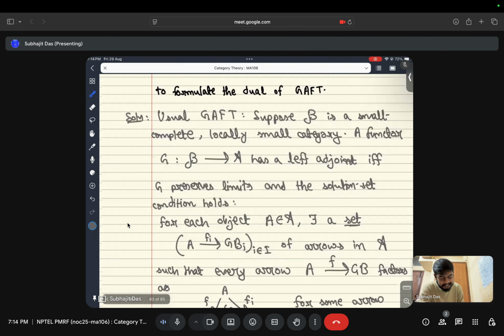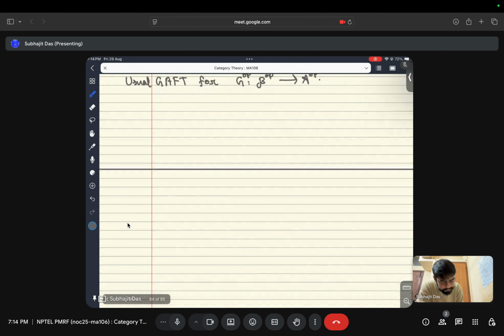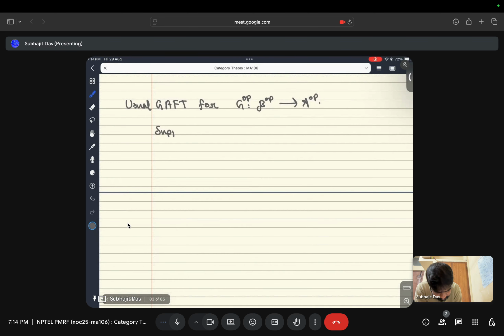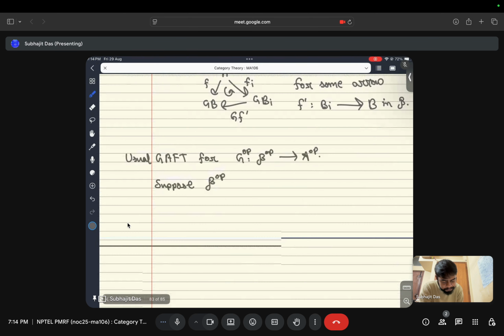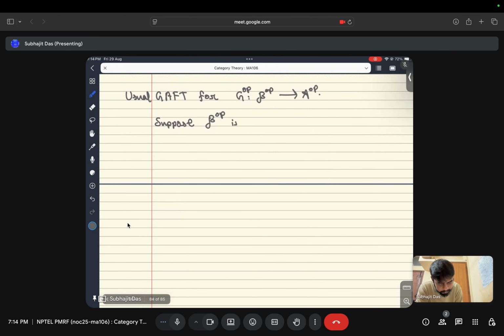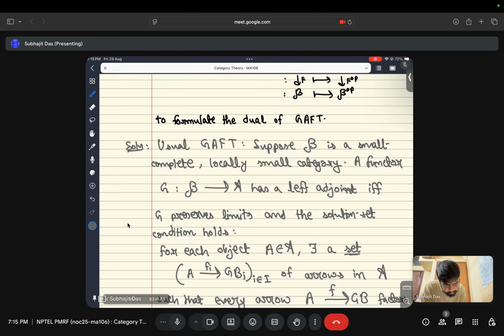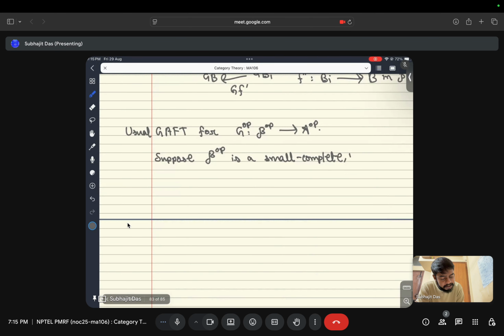What it says is, suppose that B op is a small complete locally small category.